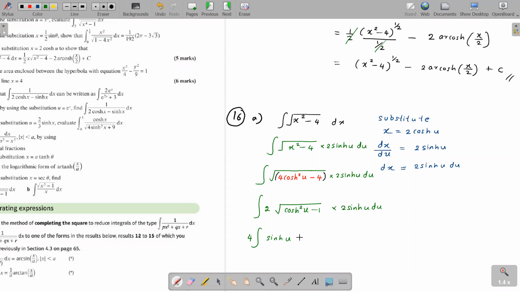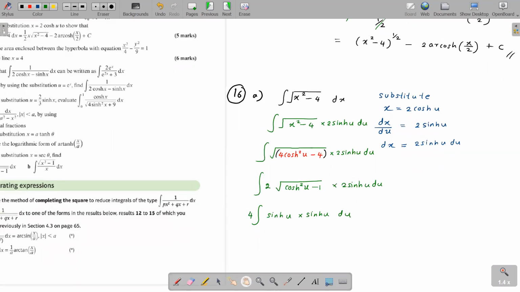So root sine square u gives you sine u. So basically this gives you 4 times integration of sine square u du. In here cos square minus sine square is equal to 1, so cos square minus 1 equals plus sine square. So this is correct, right?